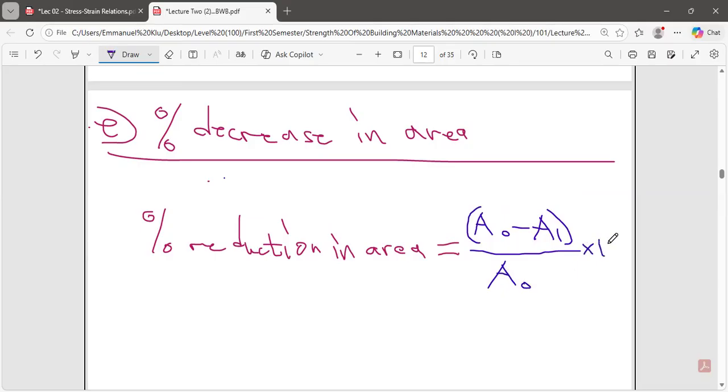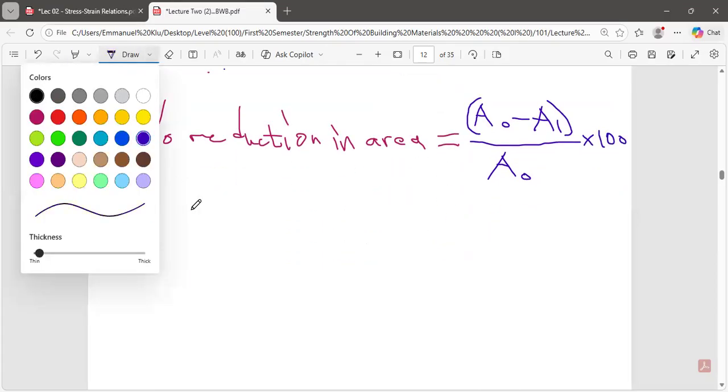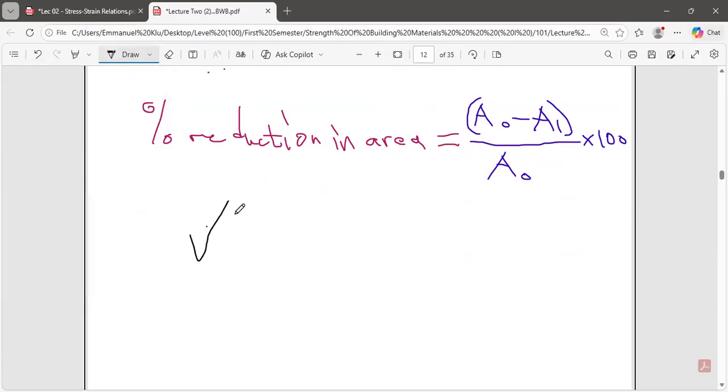Quickly point this into the calculator and tell me the answer. Let's all do this together quickly. I remember this one, we had 314.2.